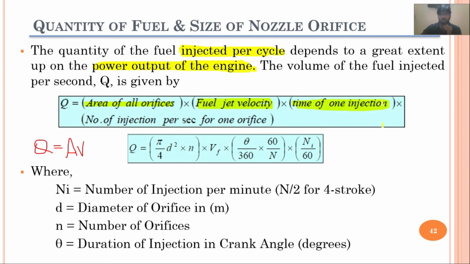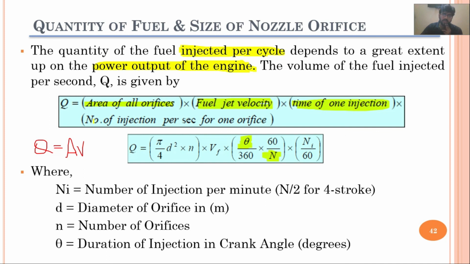This theta represents that crank angle, and one revolution consists of 360 degrees. So for the 20 degrees of the crankshaft we have fuel injection, so it will be 20 upon 360. This 60 is for conversion of RPM into seconds.